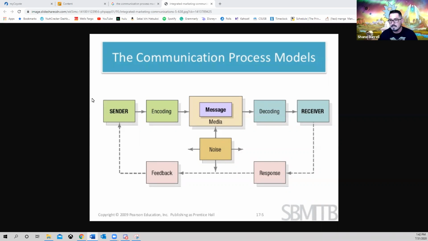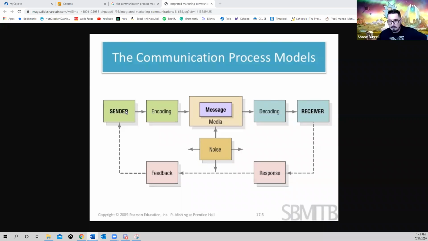A speaker is defined in your textbook as a person who is presenting an oral message to the listener. In this model, it would be the sender here, and the receiver is the listener. Keep in mind that the receiver is going to be the listener in our class. I know this says sender and receiver, but just think of it as speaker and listener.